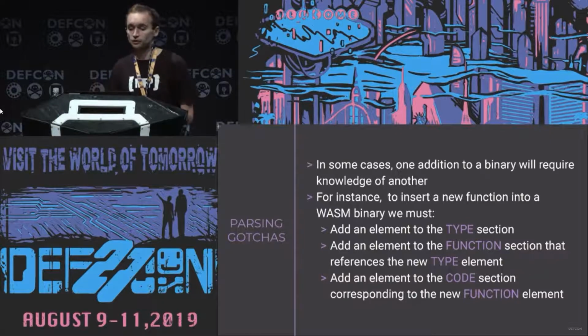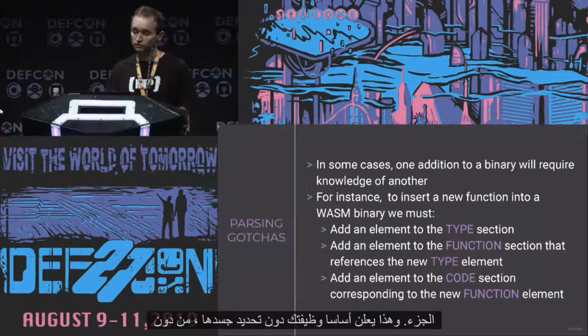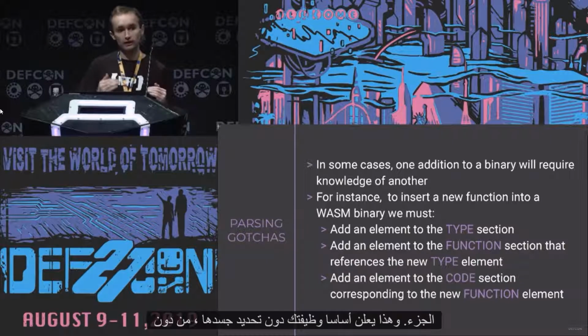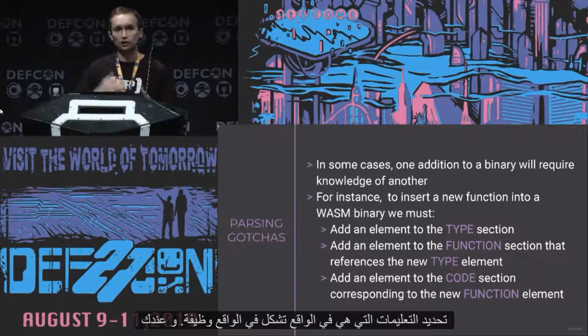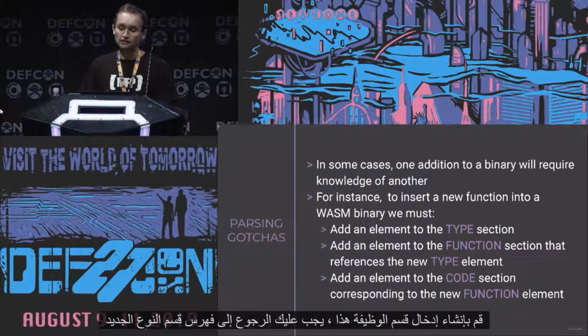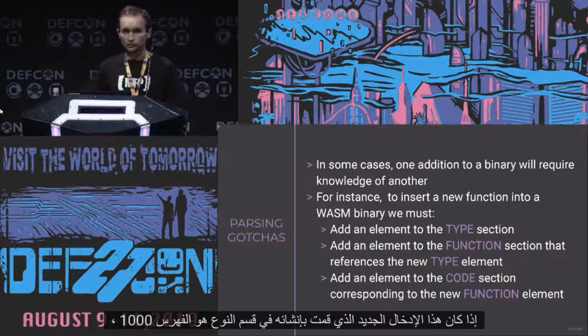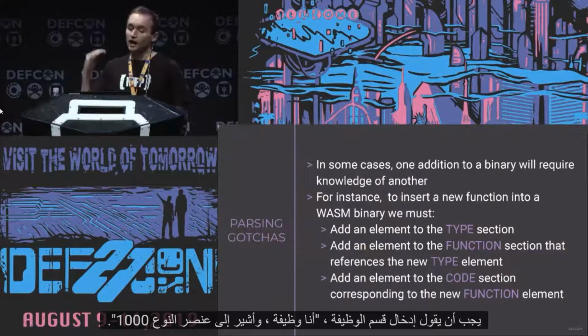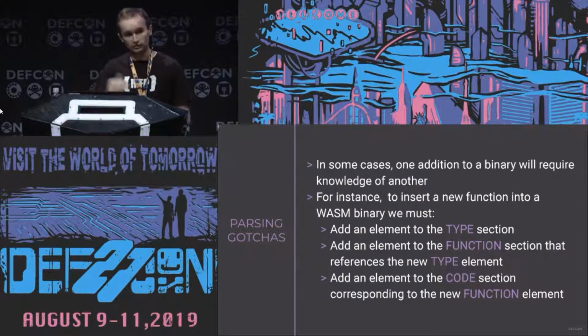The next thing you have to do is add an element into the function section, and this basically declares your function without defining its body, without defining the instructions that actually make up the function. And when you create this function section entry, you have to reference the index of your new type section entry. So if that new entry you've created in the type section is index 1000, your function section entry has to say, I'm a function, I reference type element 1000.